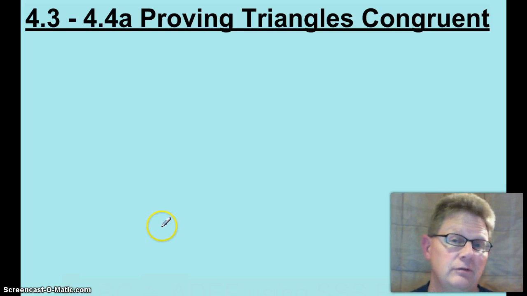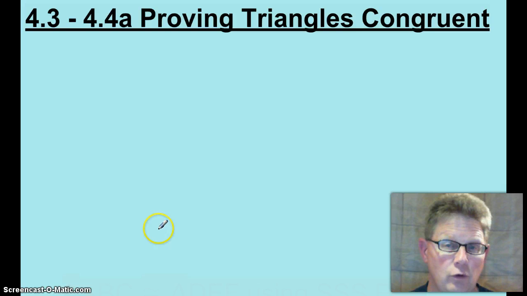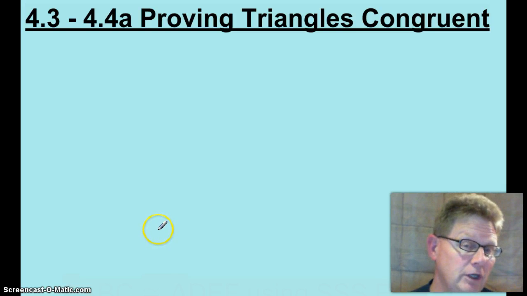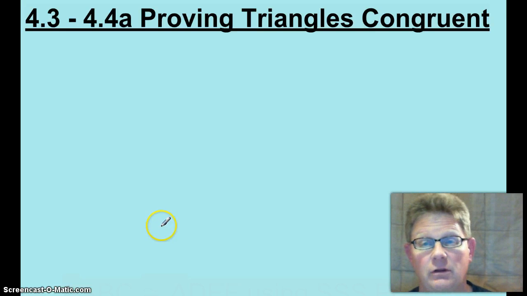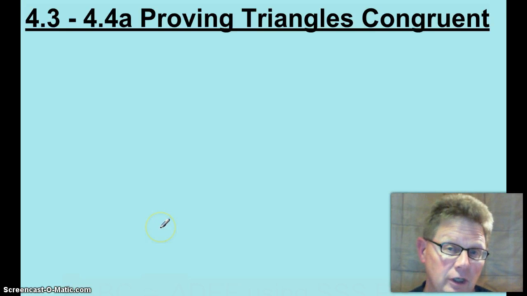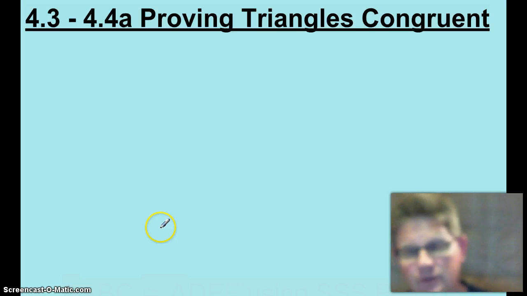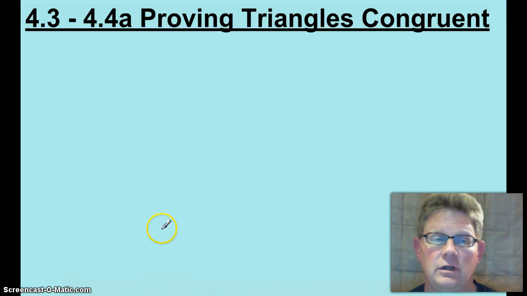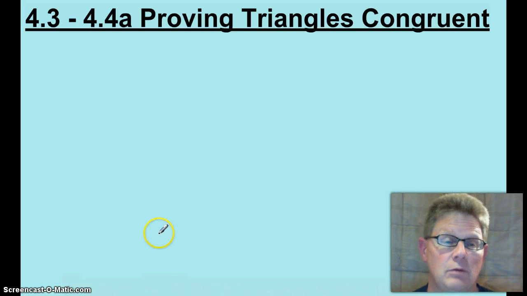The normal definition of congruent triangles is that if all the corresponding parts are congruent, the three angles of one triangle congruent to three angles of another triangle, and the corresponding sides of one triangle congruent to the corresponding sides of the other triangle, then the triangles are congruent. Now we're going to come up with three parts that will make it such that the triangles are congruent to each other. So let's go ahead and move on.